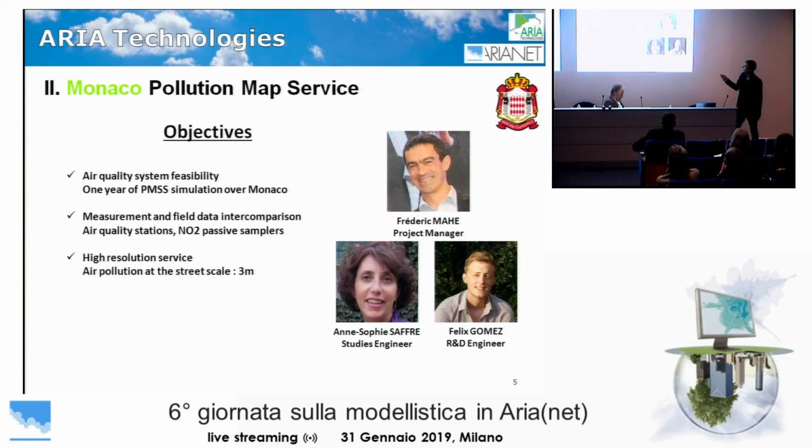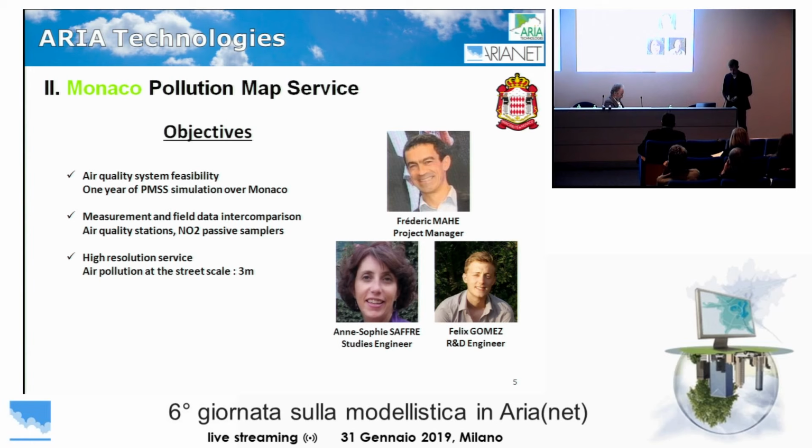As I said, the objective of this project is to check the feasibility of a real-time air quality system. We had to make an entire comparison between model data and measurements.